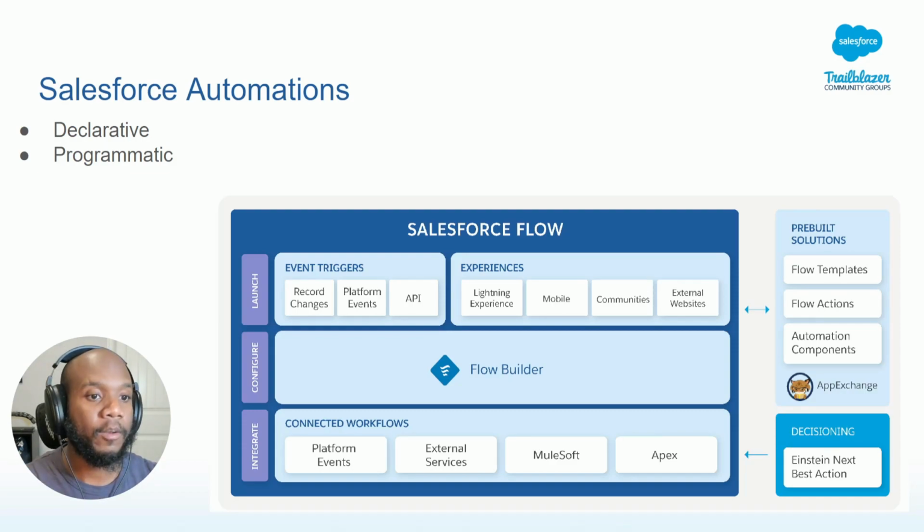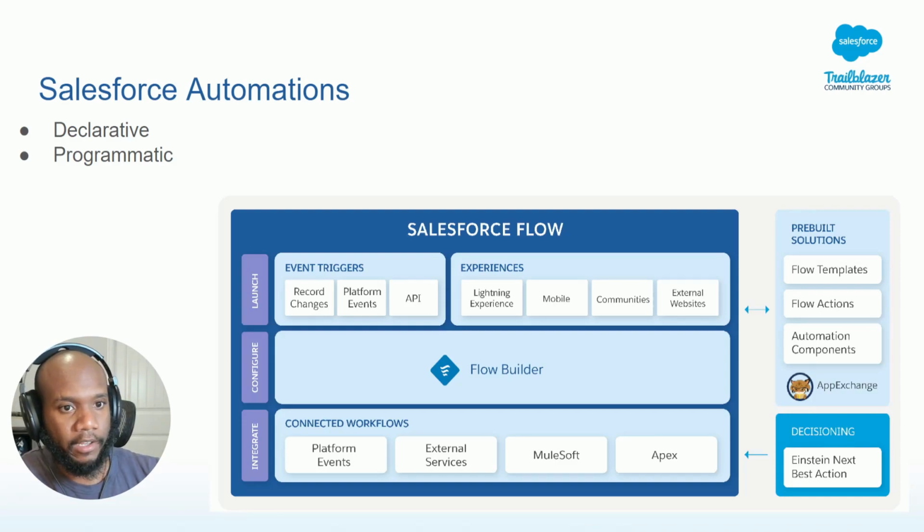We can set up an automation that can send out an email if a deal hasn't been updated in 30 days, something like that. That's something you can configure with clicks on the Salesforce platform, and you don't need to write any specific code because it's already built in. It's out of the box, so to speak, on the Salesforce platform.